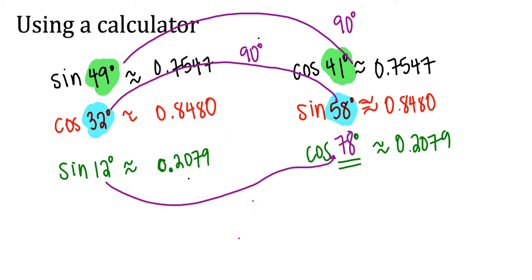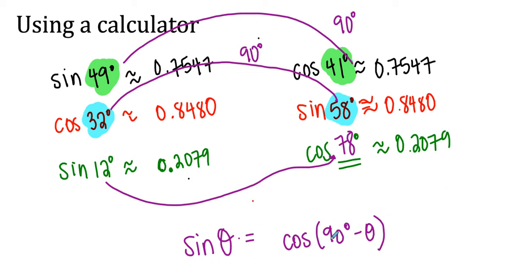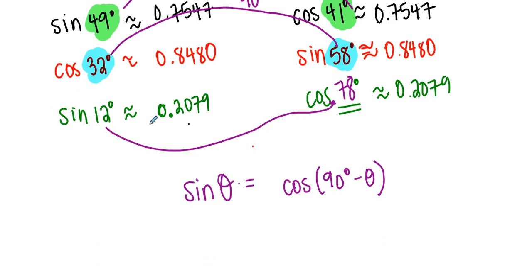So the sine of an angle, let's call it theta, is equal to the cosine of 90 degrees minus theta, because when we add the two together, they add to 90 degrees. And the cosine of theta is equal to the sine of 90 degrees minus theta.